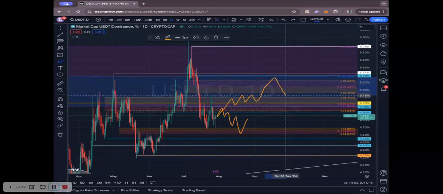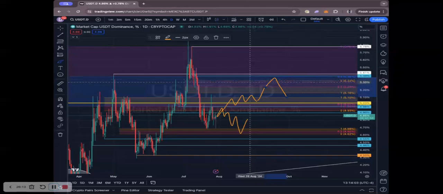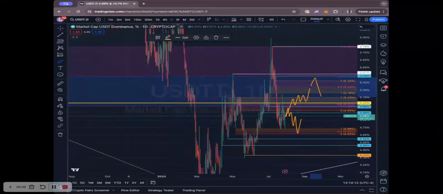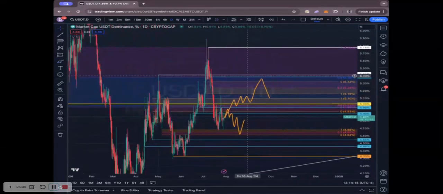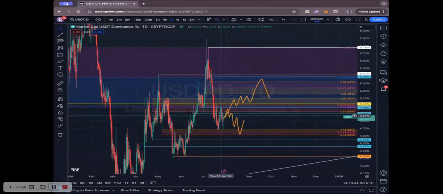But what's good is even if we dump, even if USDTD goes all the way up to 5.3%, I would actually still be bullish on the market, because again, what we're entering now is effectively a standard retracement in the market.